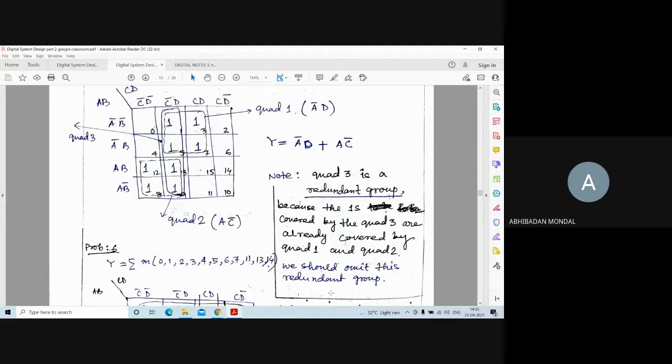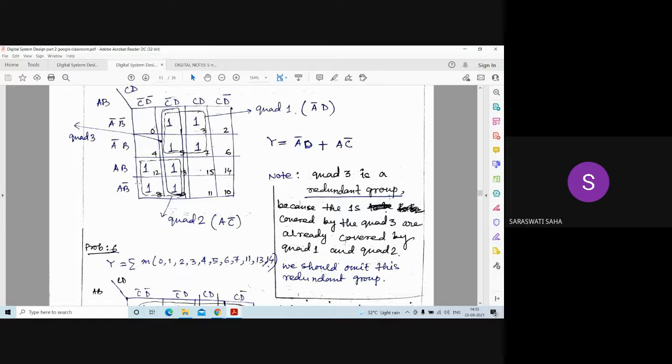Yes, ma'am. Sia, Shunayana, or anyone else, do you have any doubt regarding this? No, ma'am. So in this situation, when all the ones are covered under quad 1 and quad 2, we should not consider another quad covering these 4 adjacent cells.